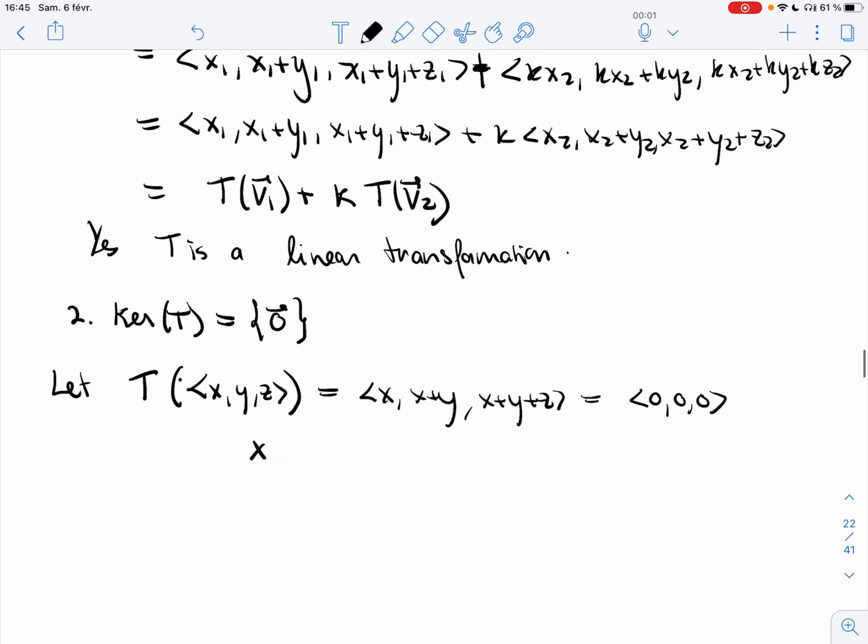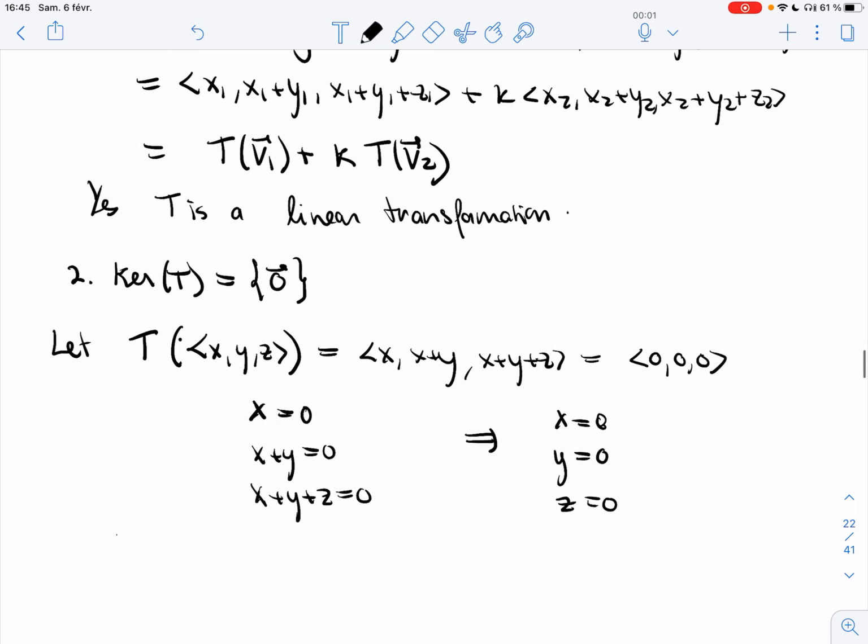I get that x is 0, I get that x plus y is 0, and I get that x plus y plus z is 0. If I solve this, you could do it in your head. Once you know that x is 0, the second gives you y is 0. And once you know x and y are 0, you get z is 0. And so the kernel of T, anything that's sent to 0, has to be 0.